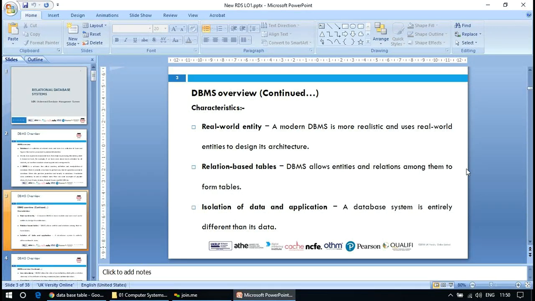Okay, so isolation of data and application. Data is on its own, and the application is on its own. A database system is entirely different from data. For example, if you run a business and you're trying to access records of your customers, you type in the customer's details for a search.